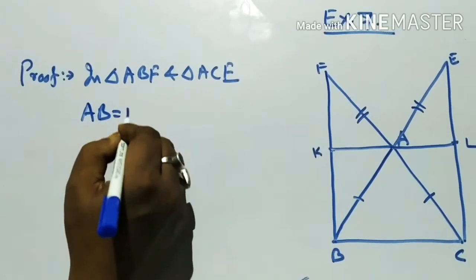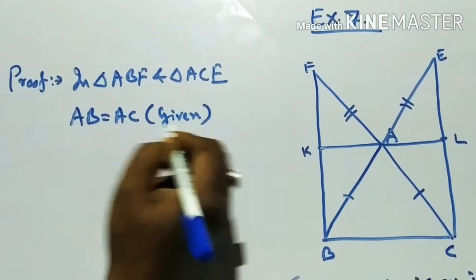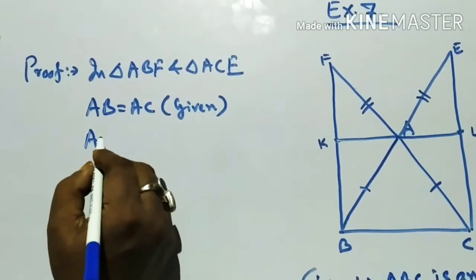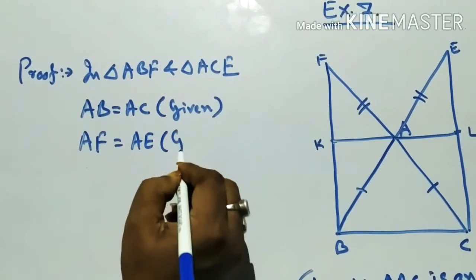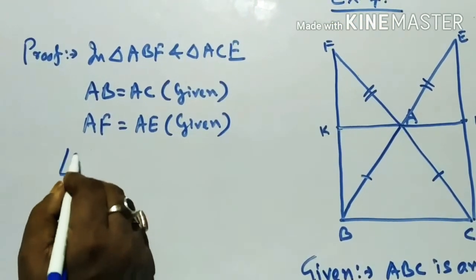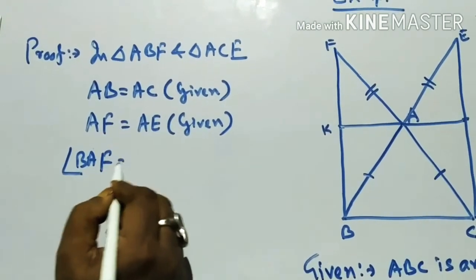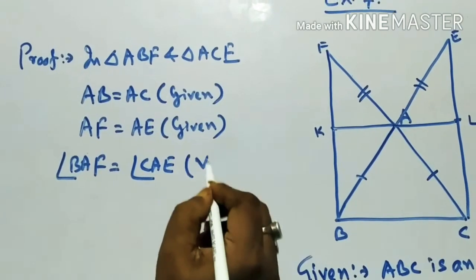Here you see AB is equal to AC. This is given. Again, AF is equal to AE. This is also given. And angle BAF is equal to angle CAE.